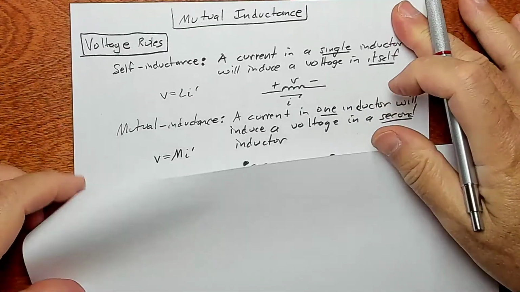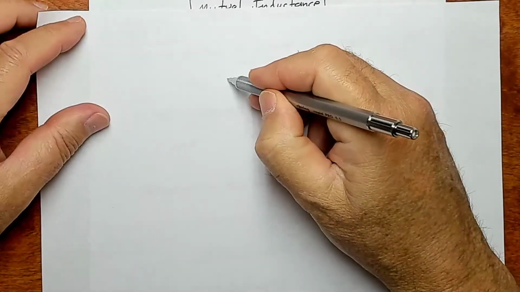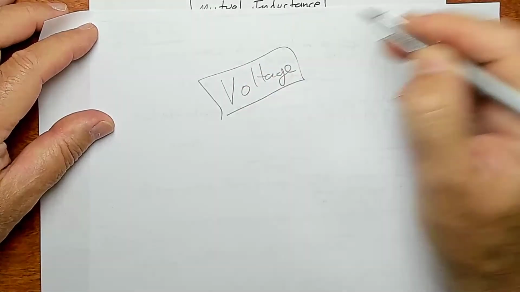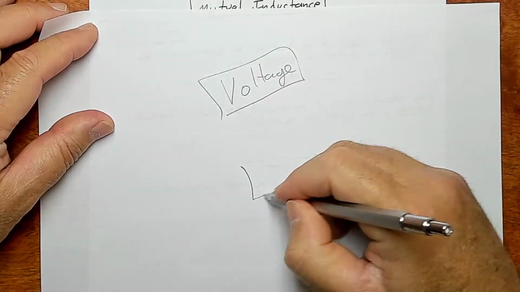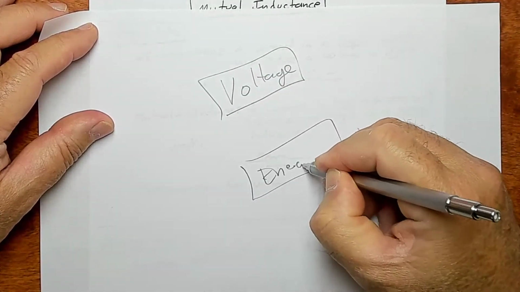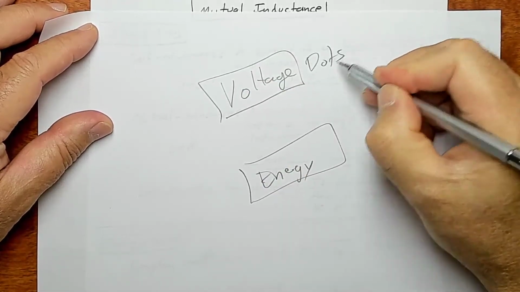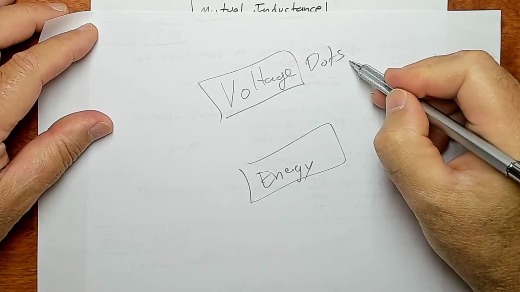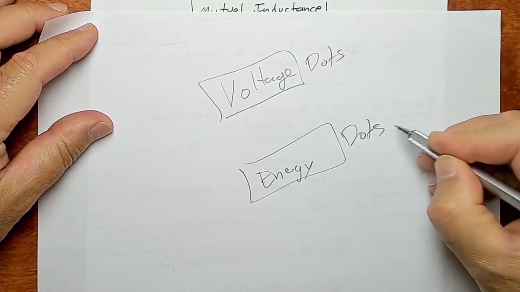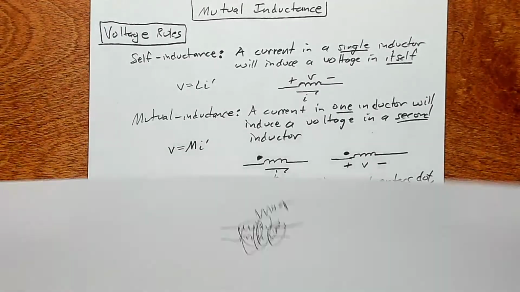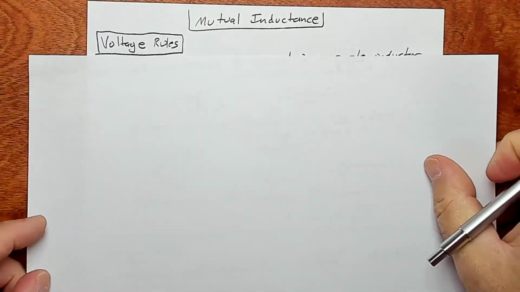Okay, so first of all, a point of confusion on this stuff. There's voltage and there's energy, and we can really separate the two discussions. There's going to be dots involved with voltage, and there's going to be dots involved with energy, but they're two separate things. First of all, the voltage rules.